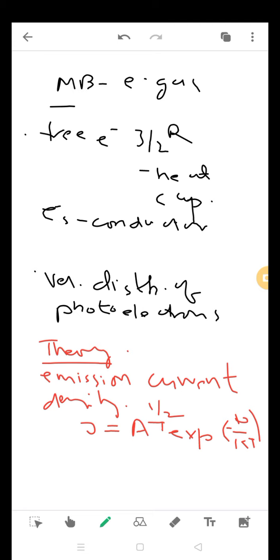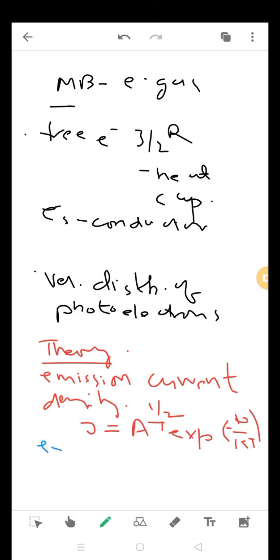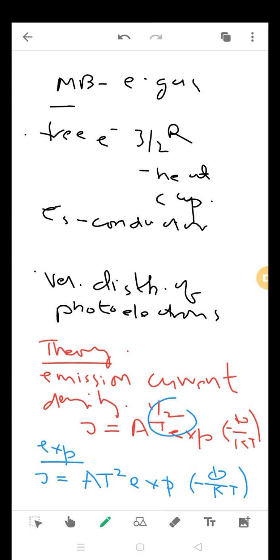Phi is the potential, and this is the theory, whereas experimentally you can observe that J is equal to A T squared exponential minus phi by kT. So here it is to the power half, or here it is T squared. So there is a discrepancy here. This is why this MB distribution cannot be used for electron gas.